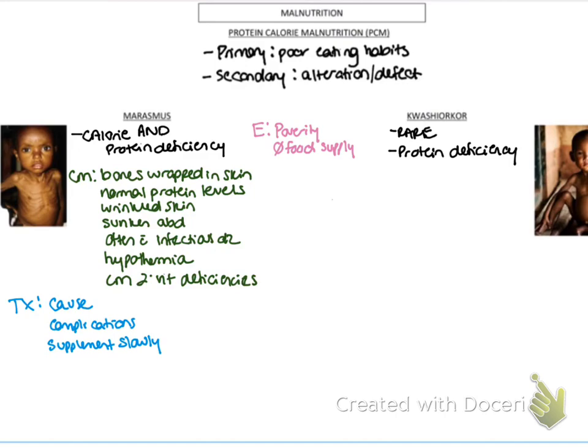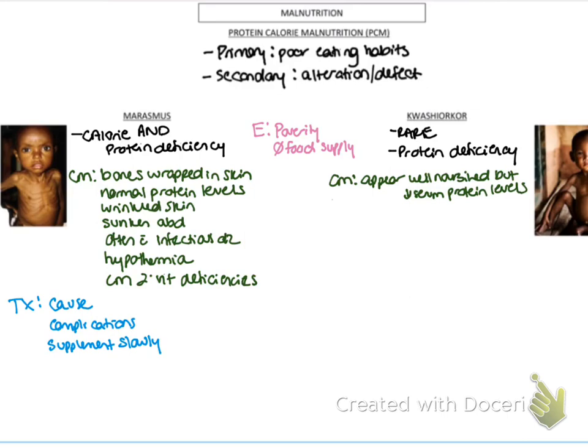And then all of a sudden, mom gets pregnant with the second baby, and the second baby comes out, and mom puts the baby on the breast and tells big sister or brother, no more. Their diet changes fast and significantly. So now they're still getting calories because maybe they get a lot of rice and bread and those types of things. So they get the calories that they need, but they're no longer getting the protein that they need. So they appear well nourished, but they have very low protein levels.